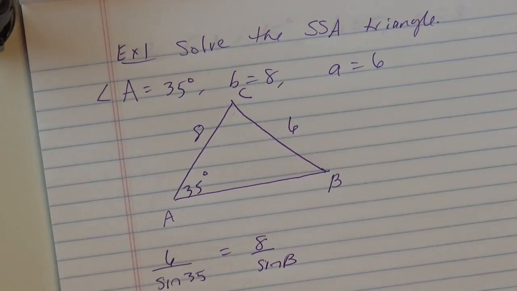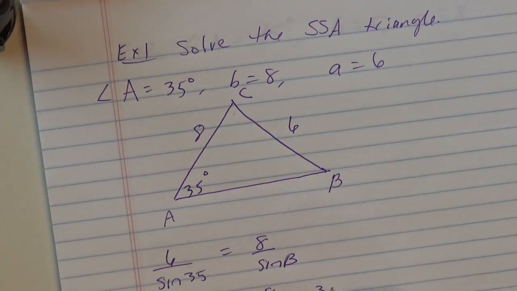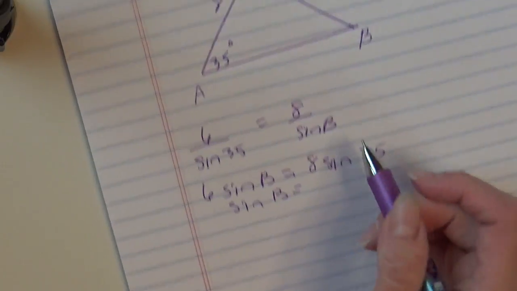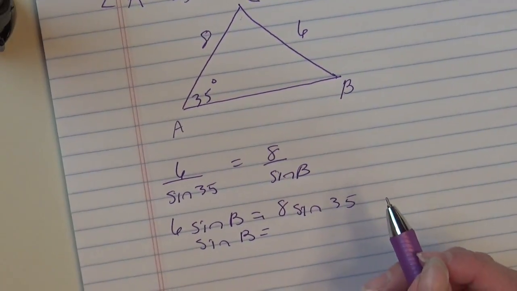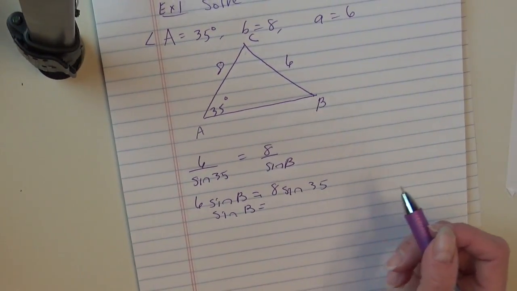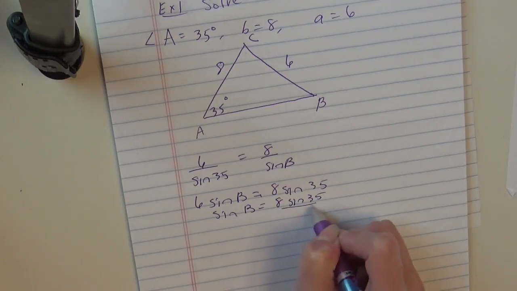I can cross multiply, and I'll have 6 times sine B equals 8 times sine 35. And then I can divide both sides by 6. So sine B equals 8 sine 35 all over 6.